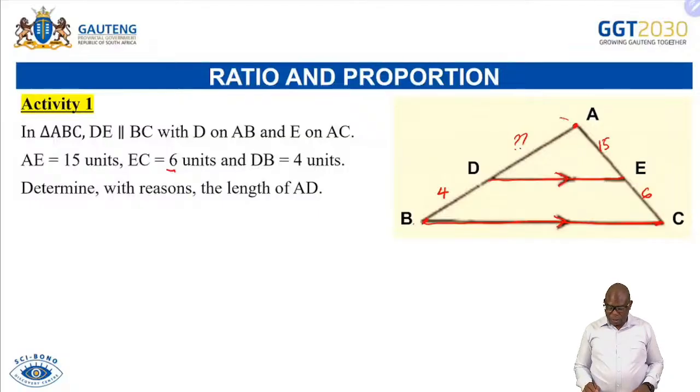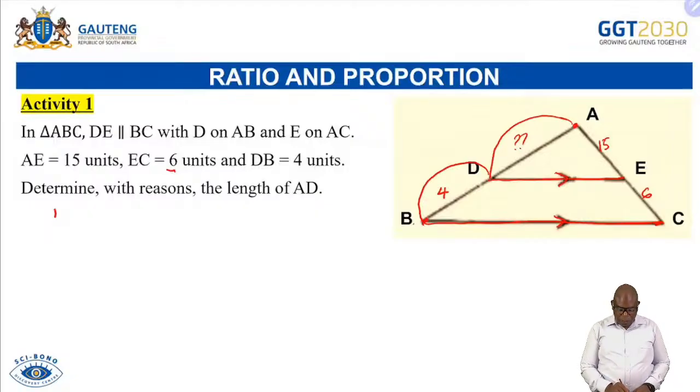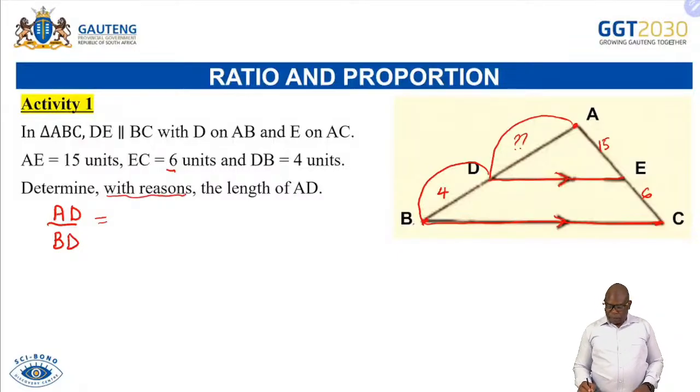If you check this, that will be the first one, AD over BD. I'm going to write it down. AD over BD equals, and you see there they said with reason, right?